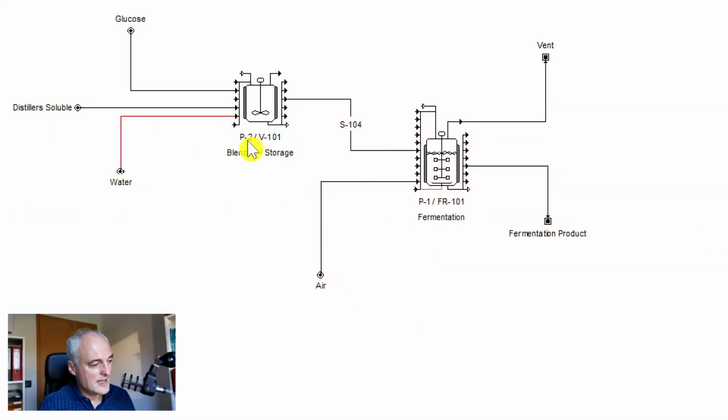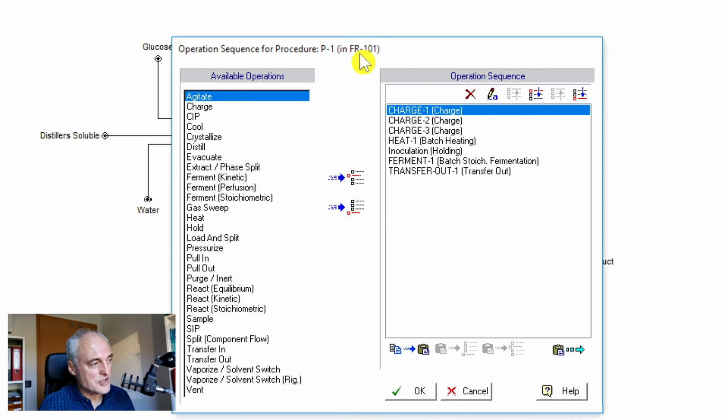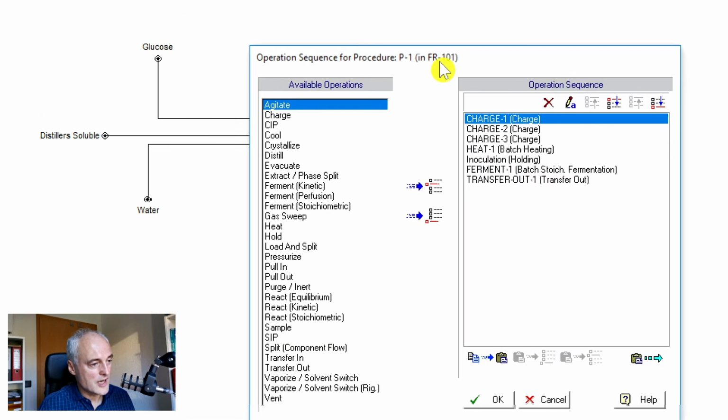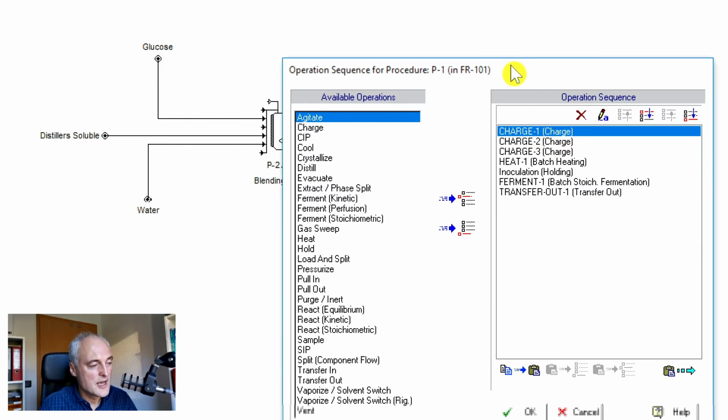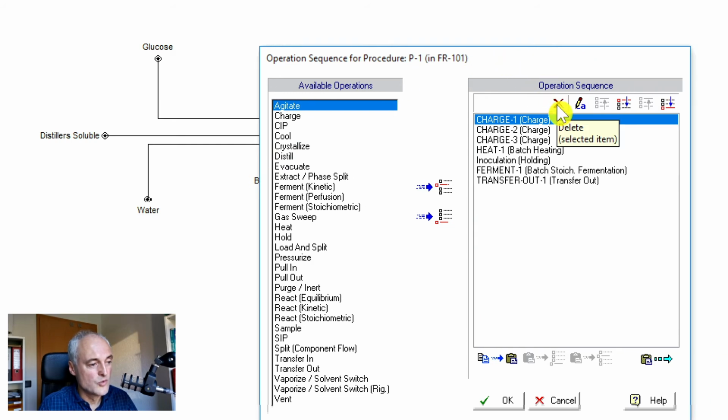Okay, this means that we now go to the bioreactor, and in my fermentation tank, of course, I first need to change the operations which are there. So in this procedure, I had 3 charge operations, but these charge operations now will be performed on the level of the blending storage tank. So I need to remove them because they're of no more use.